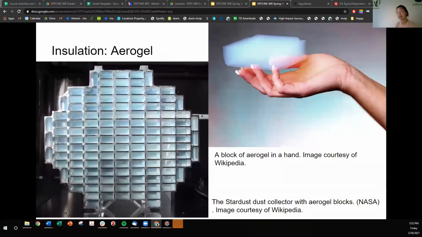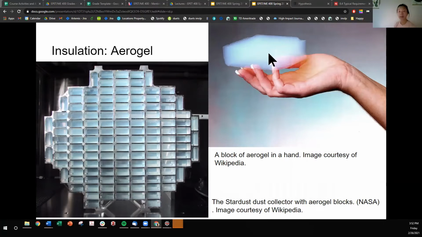There's another type of insulation. It's called aerogel, and it is a magical material. You'll see here that it is incredibly light, but it is also incredibly heat resistant. There are pictures where there is a flame underneath, and there is a flower on top that is totally happy sitting there, although there's a flamethrower underneath.